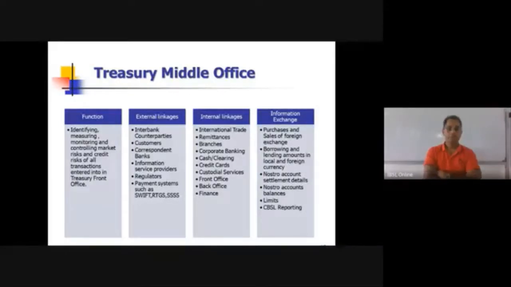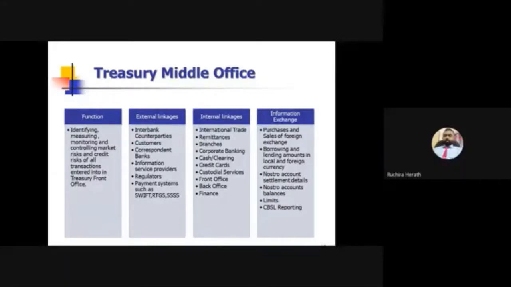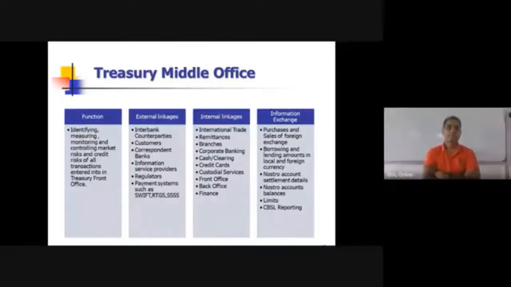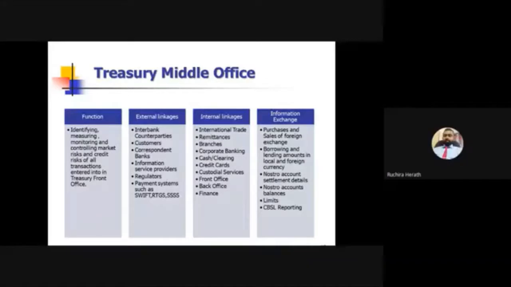Do you understand what market risk is, right? Market risk is where the fluctuation of interest rates affects your position. Exactly. So what is credit risk then? Credit risk is where the counterparty cannot pay on time.